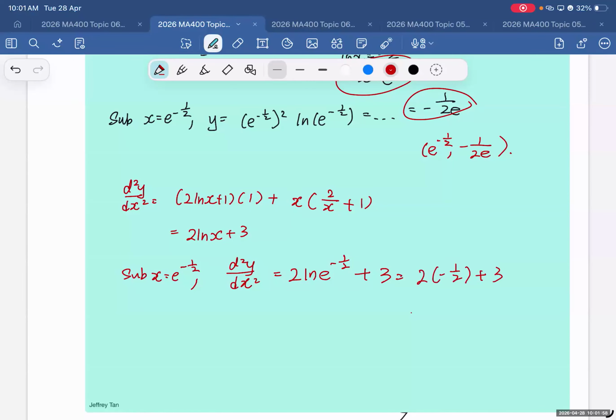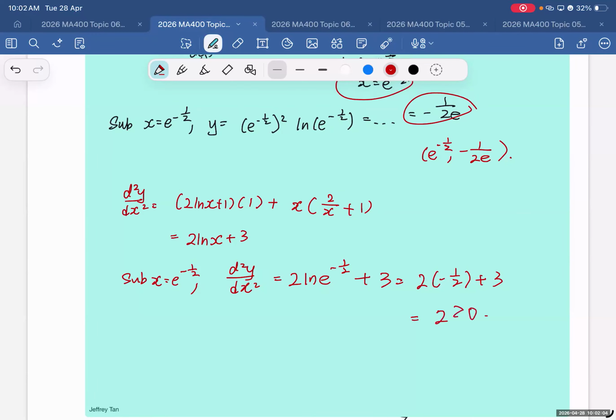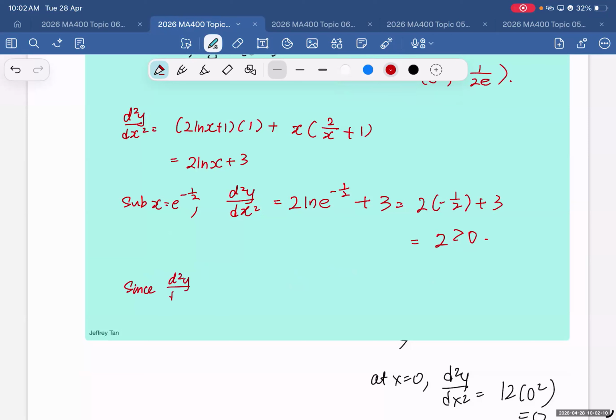And after that, this is equals to 2, which is more than 0. So since the second derivative is more than 0, then the point is a minimum point.